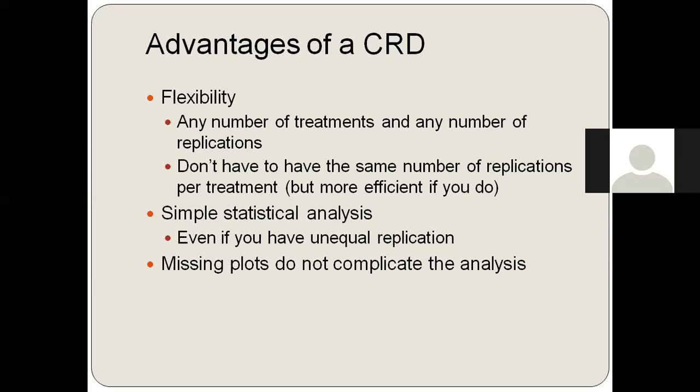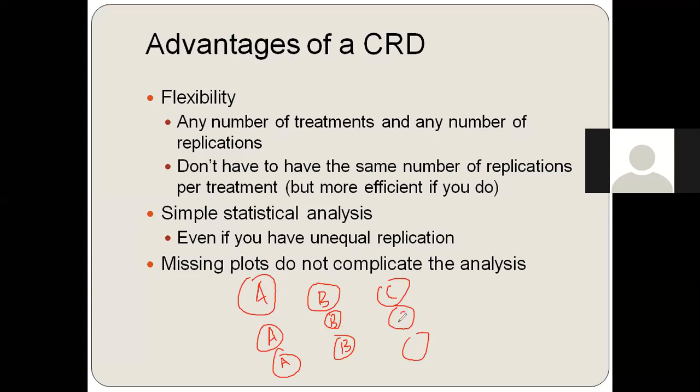What do you mean by missing plots? Initially, let's say I take 3 pots for treatment A, 3 pots for B, and 3 pots for C. Suppose, due to some reason, the plant in one pot of C died.